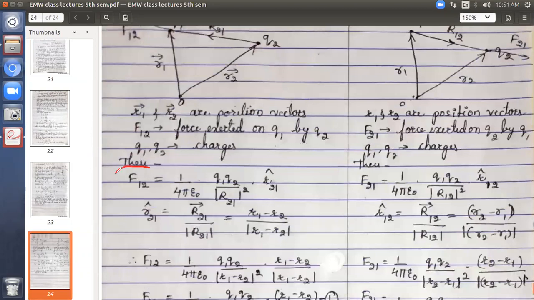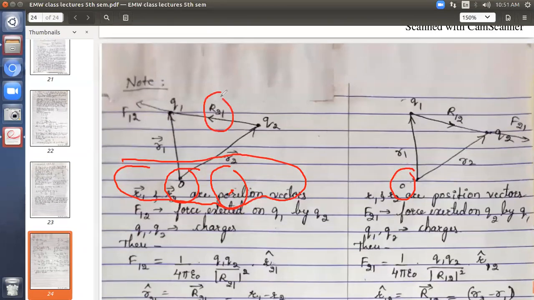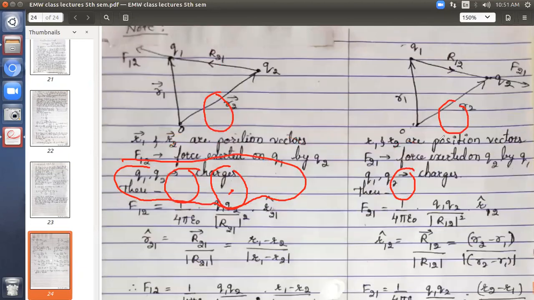This we know already. In the previous section we have seen the force exerted is 1 by 4 pi epsilon naught in both the cases, Q1 Q2 by the distance you observe. In the first case it is R21, in the second case it is R12.